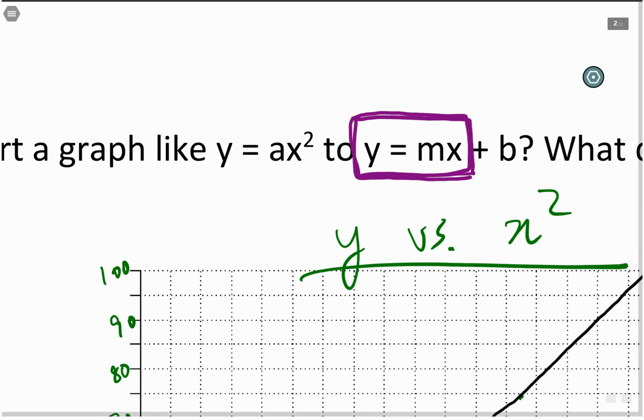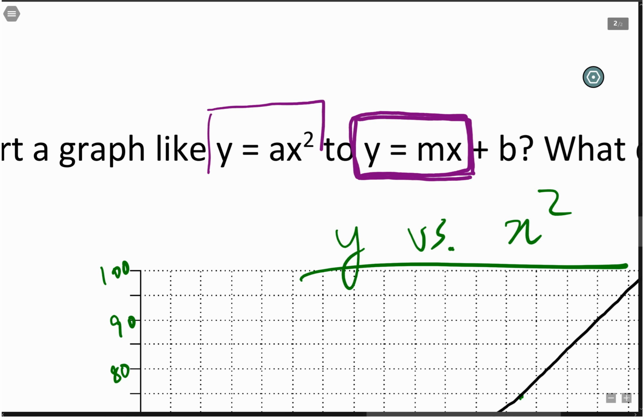Look at how this might compare with y is equal to ax squared. In the first graph, we plotted y with x. In the second graph, we plotted y versus x squared. So we plot this whole thing.